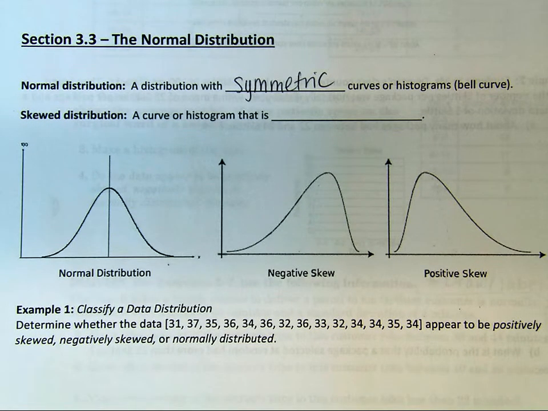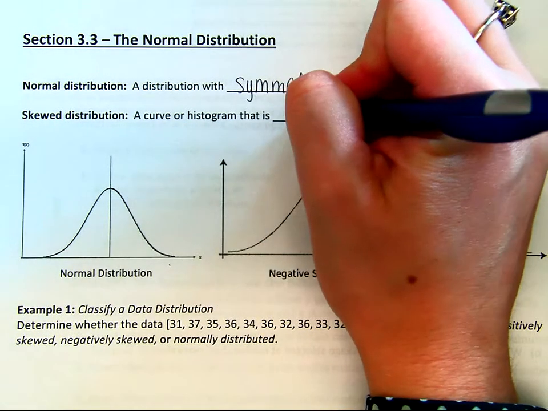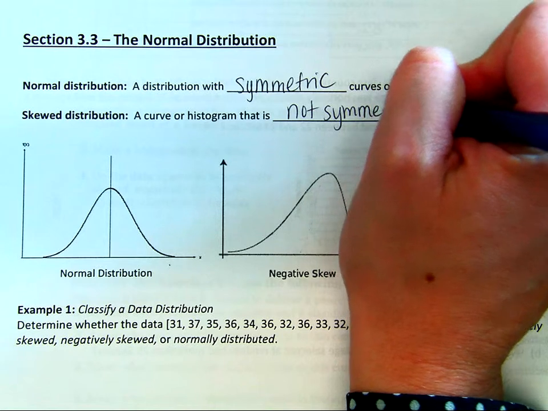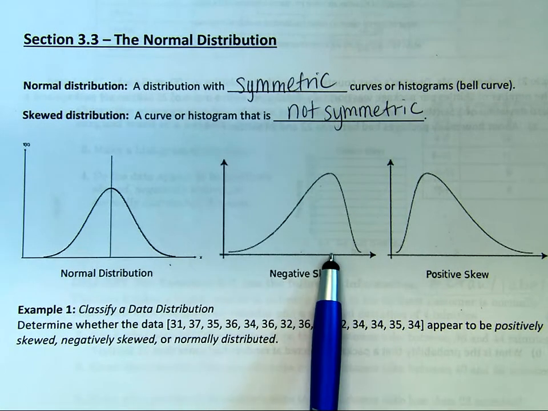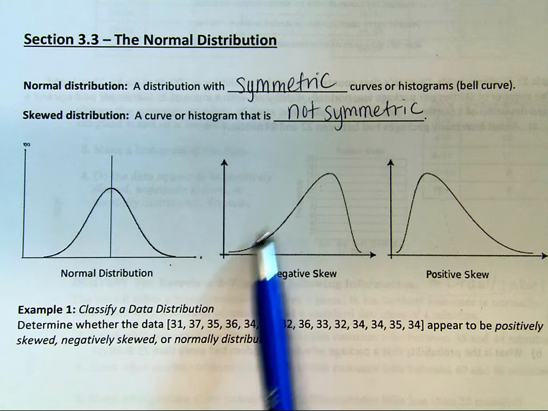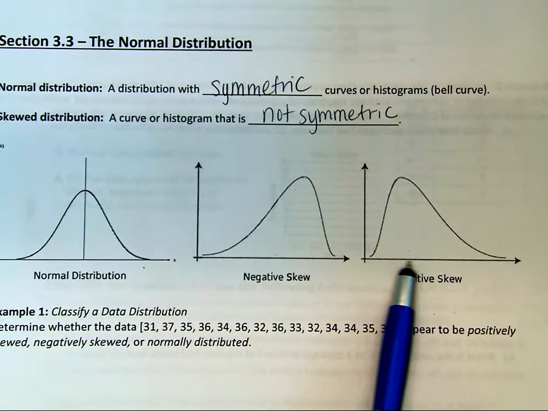On the flip side of that, we have skewed distribution. So this is a curve or histogram that is not symmetric. Something like this would be, if we were to graph it, called negatively skewed. And then over here, this is positively skewed.